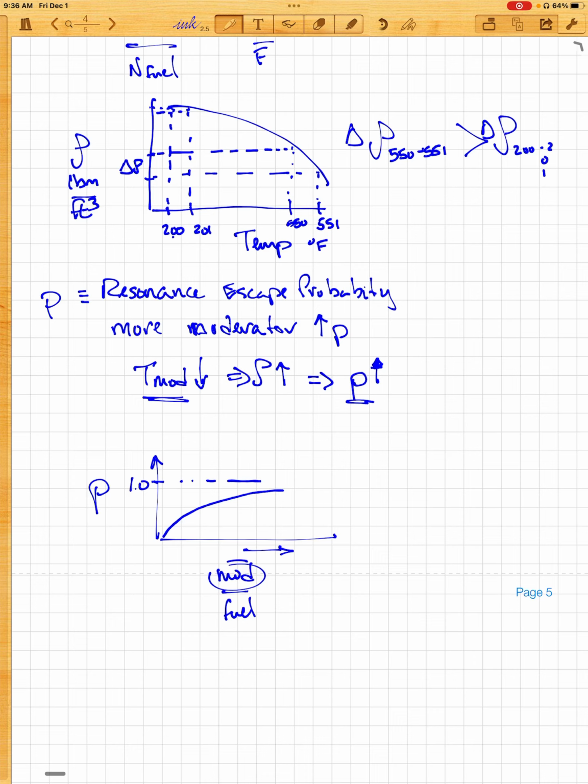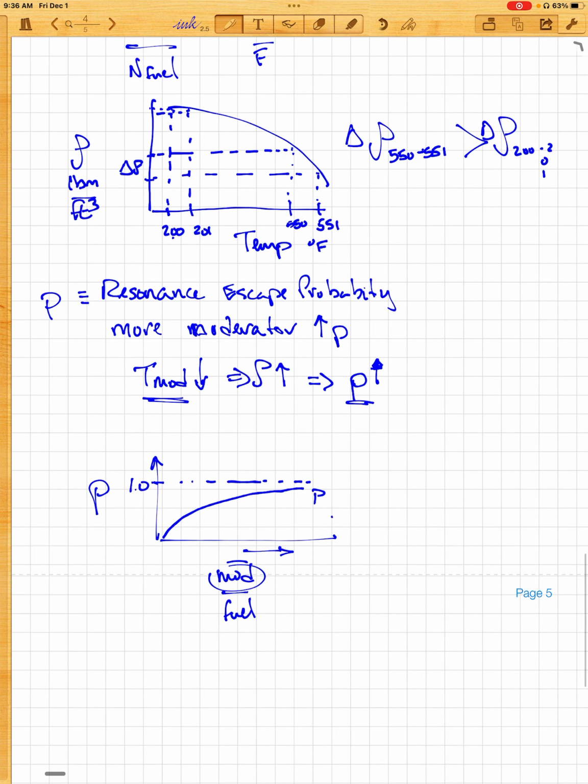So as moderator goes up, P will get closer to 1. So the moderator going up will actually result in temperature going down. Temperature goes down, we'll get a more dense moderator. So on this graph, temperature rising goes this way. That's a weird concept to think of.